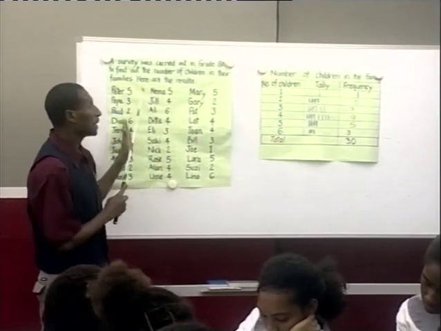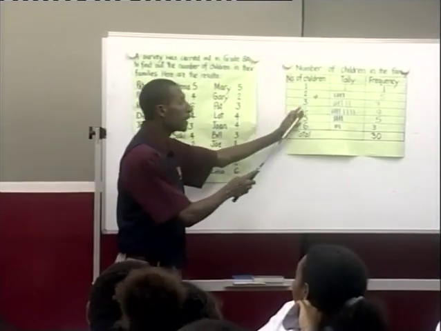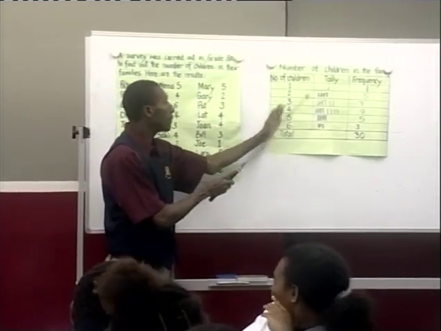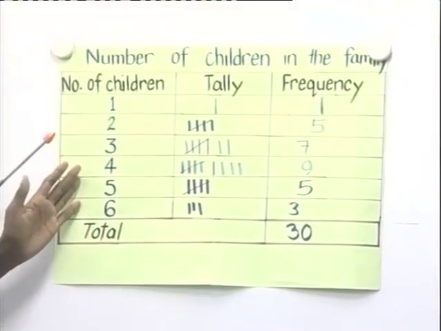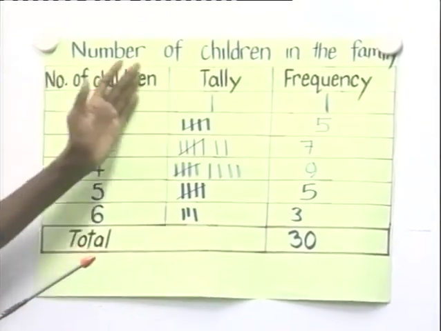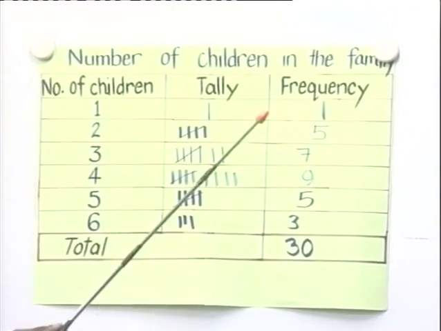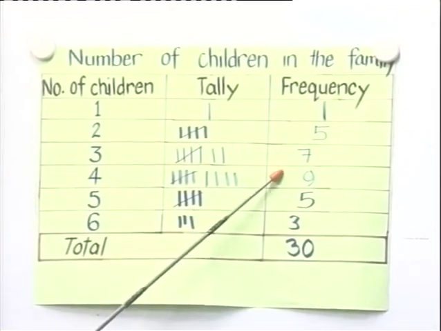Now, you can see this data that has been collected is now organized in a table. And from here, you can read the information presented in the table clearly. What does 9 really mean here?